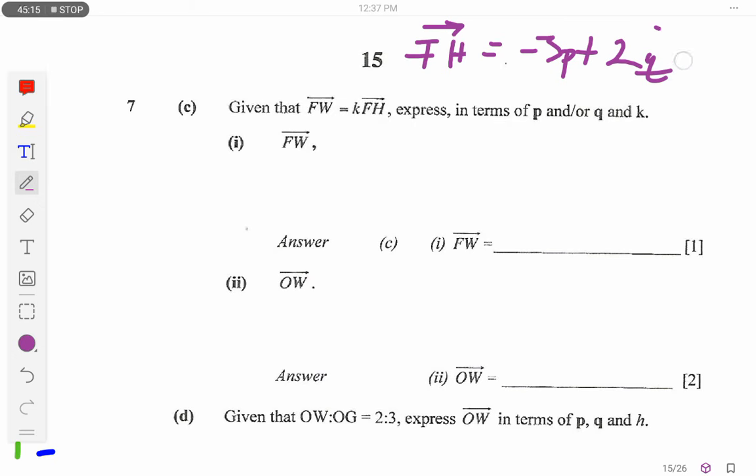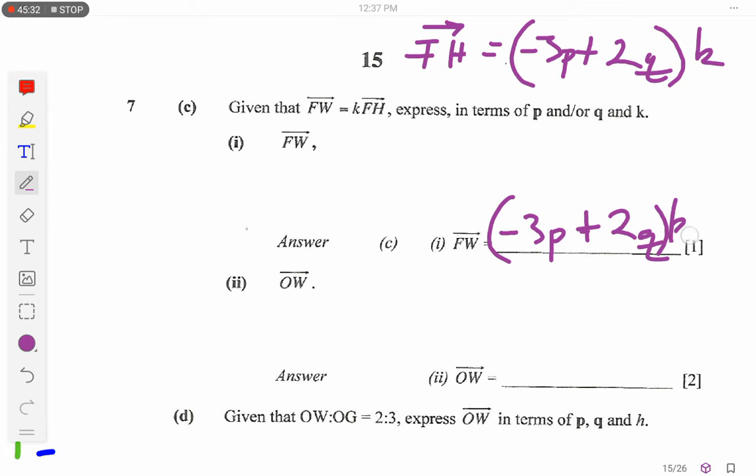So we multiply this by K. So we can write our FW as minus 3P plus 2Q, all multiplied by K. We are done. Okay, let's move on.